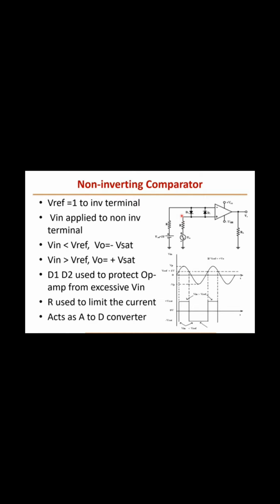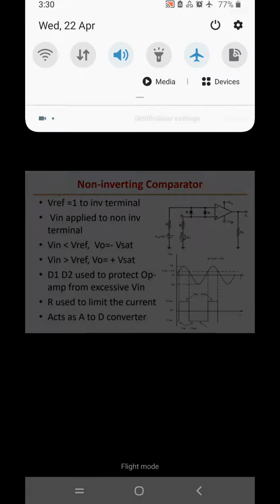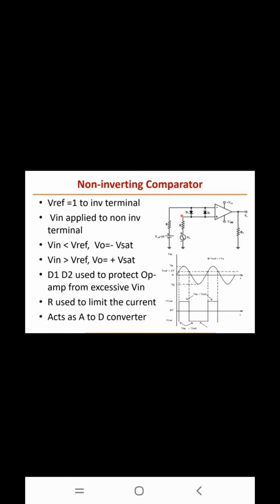On the other hand, when Vin is larger than V reference, the positive input becomes positive with respect to the negative input. Then V0 goes to plus Vsat. Thus V0 changes from one saturation level to another whenever Vin is almost equal to V reference.